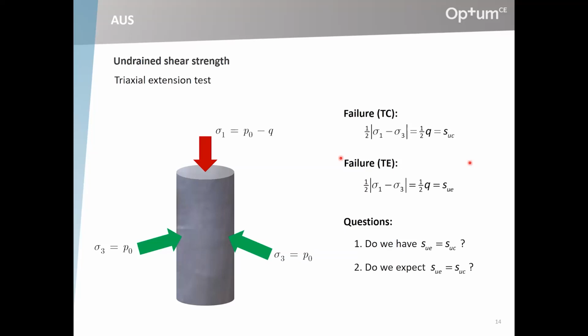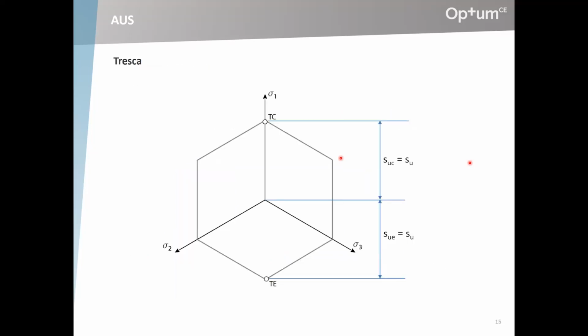I will already reveal now the answer to both of these questions is no. But if we assume Tresca, we of course wish they were identical, because that's exactly the assumption behind the Tresca criterion. We have identical strengths in extension and compression, but what you will see most of the time, if not pretty much all the time, is that you'll typically have a smaller strength in extension than in compression.